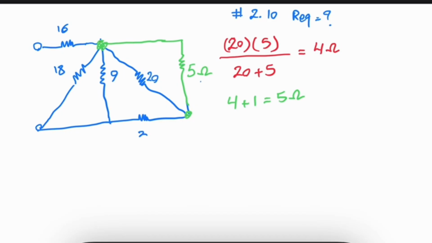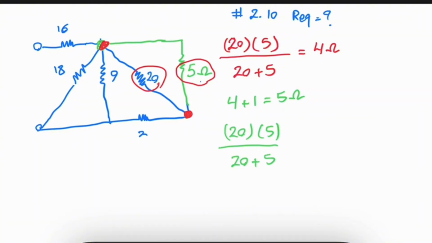Now what is coming next? Now I can see that these two resistors, the 5 ohm resistor and the 20 ohm resistor, both of them are using the same two nodes. Therefore again they are in parallel. So 20 in parallel with 5, again 20 times 5 over 20 plus 5 gives me 4 ohm.